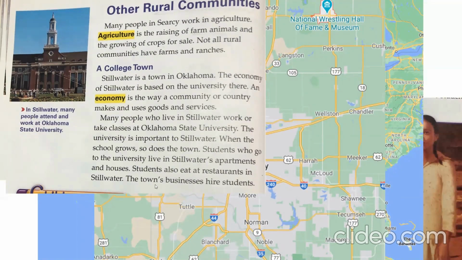So that's how the town's businesses hire students and create jobs and revenue, and that's what boosts the economy of this rural community. So you can see that not all rural communities have agricultural farms and livestock that they depend on, right? And this right here is an example of a rural community that relies on other ways of making money.